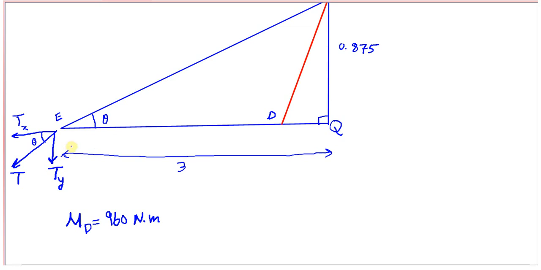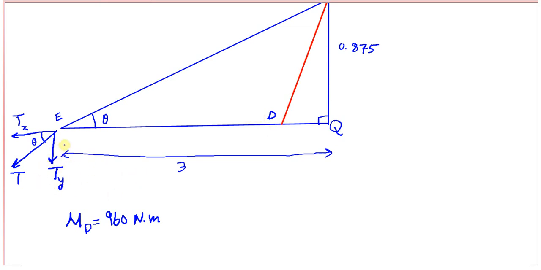Moment is always force times the perpendicular distance, or what we call R. So here the arm is 0, so Tx doesn't produce any moment about point D. So let's think about Ty.